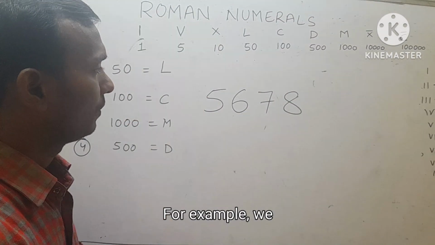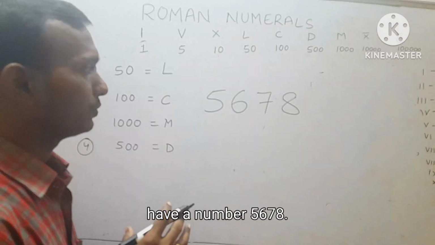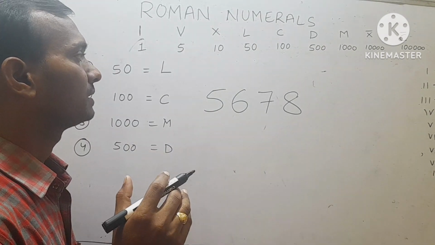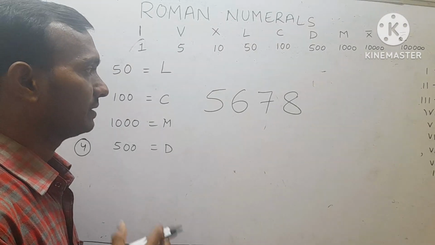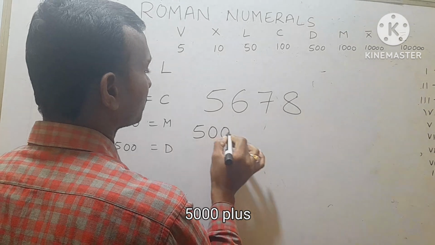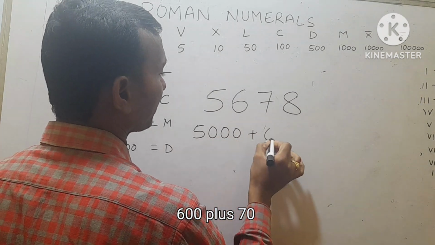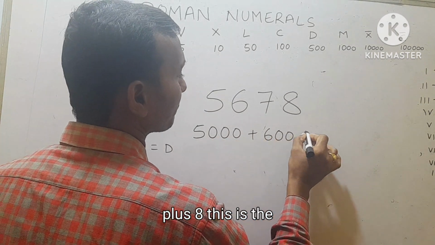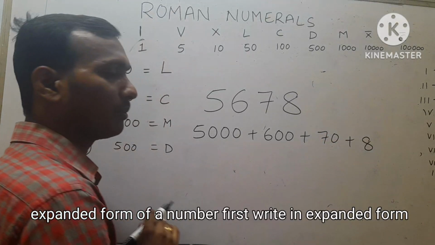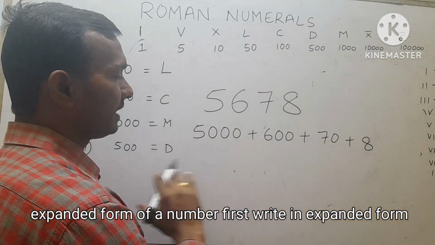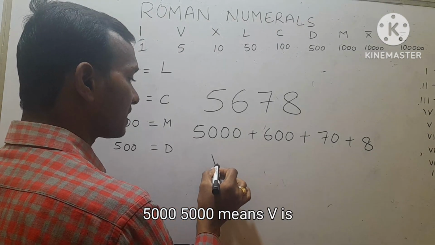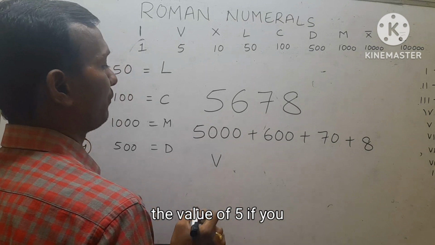For example, we have a number 5678. 5000 plus 600 plus 70 plus 8. This is the expanded form of the number. First write in expanded form. 5000 means V is the value of 5.